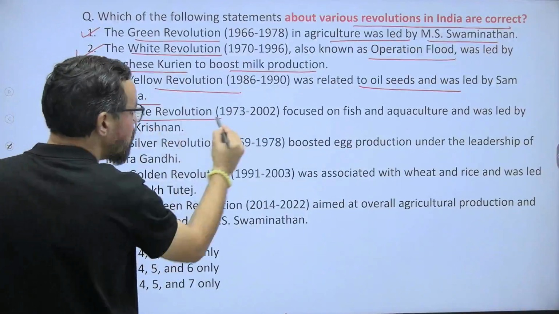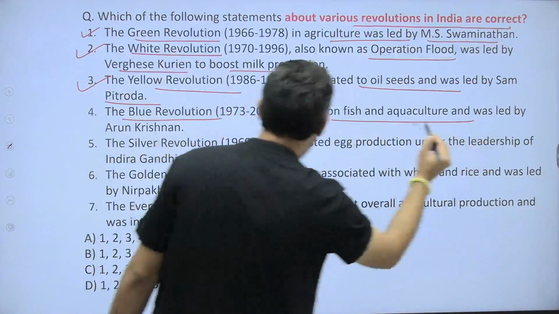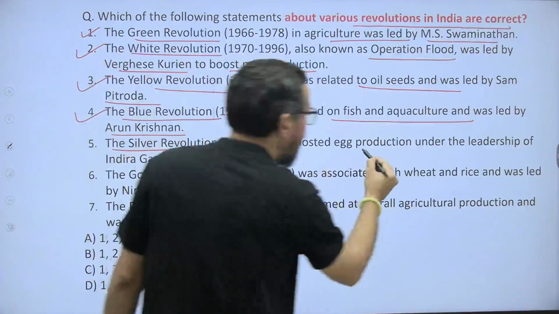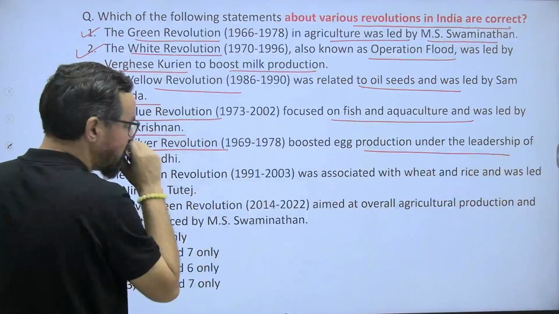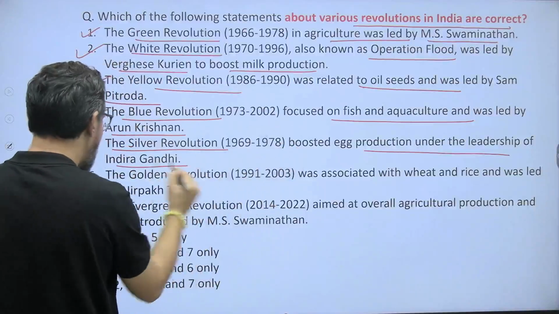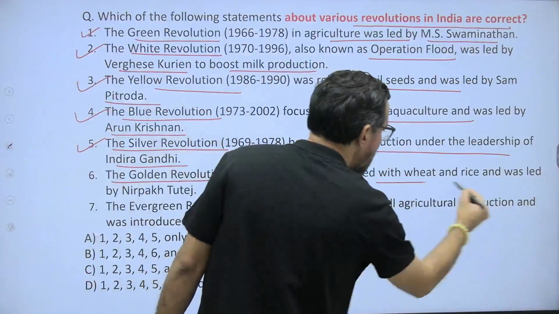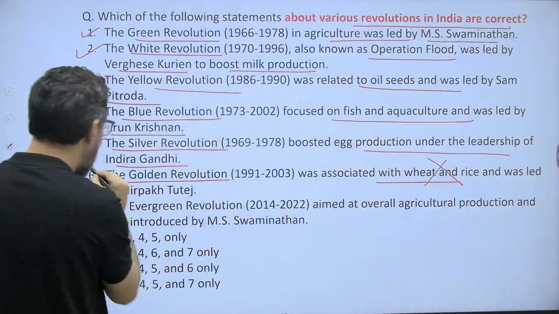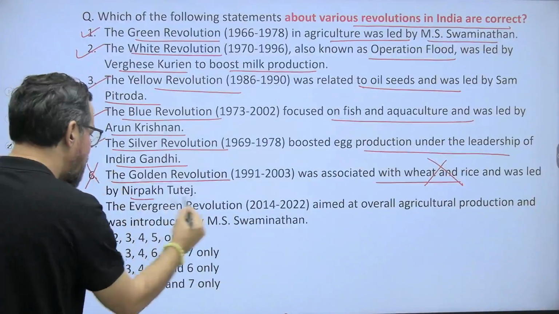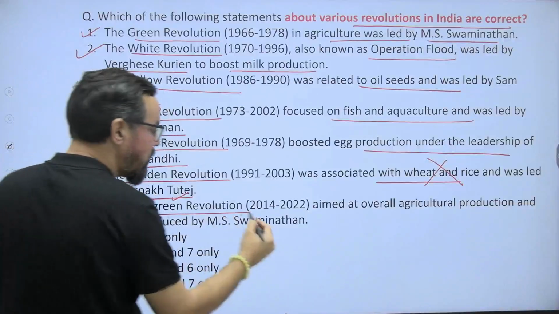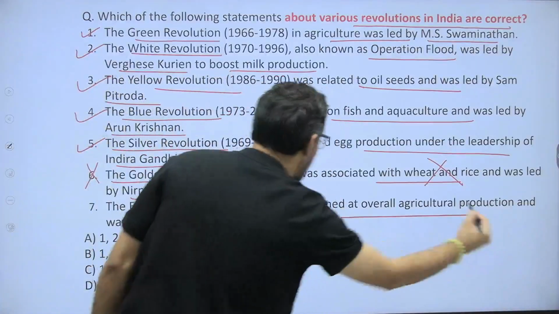The Blue Revolution, fish and aquaculture, led by Arun Krishnan, correct? The Silver Revolution, basically egg production, Indira Gandhi, true. Golden Revolution, horticulture. No, wheat and rice, this is wrong. It is related to horticulture by Nirpak Tutesh. This is right. The Evergreen Revolution, MS Swaminathan, overall agriculture production.